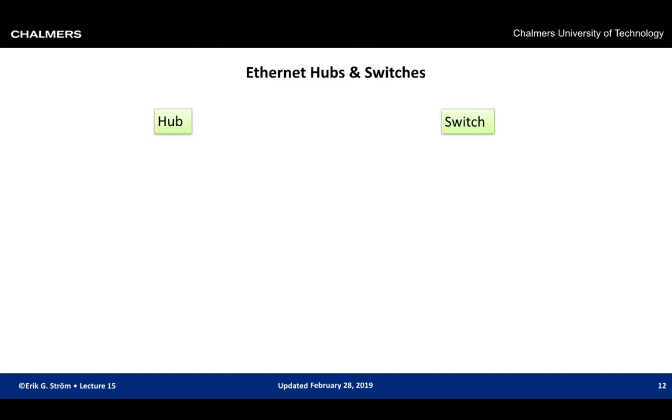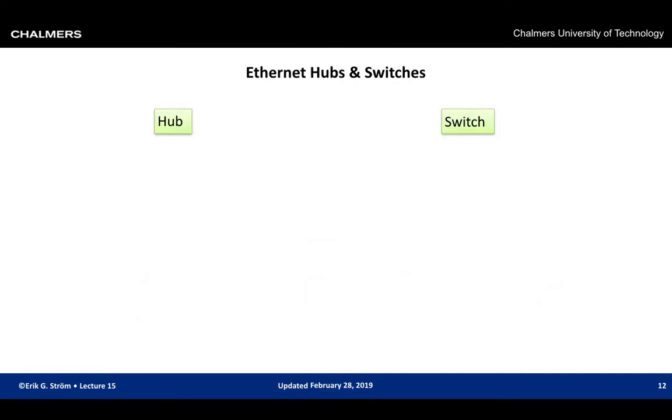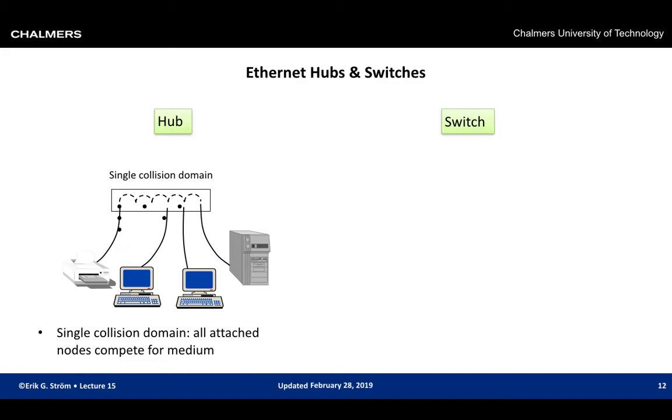So the next standard that came, okay. If we want to connect several LANs together with each other, how do we do this? Well, there are two different ways we can connect LANs. They're either with hubs or switches. So if we have a hub, what does that mean?